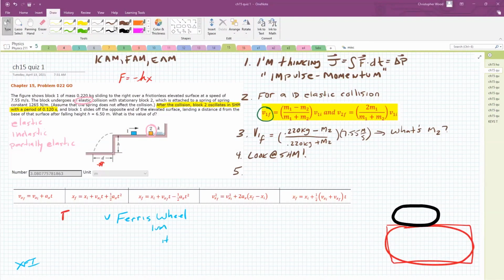Let's look at simple harmonic motion. According to simple harmonic motion, I'm going to tap into this. Simple harmonic motion says, well, omega squared equals k over m. So you know what that means?